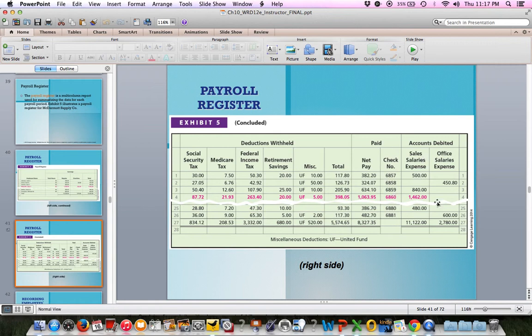Some of the expense goes to sales salaries, some goes to office salaries. So again, we're at least classifying our employees into two broad categories and capturing salary expense based on those.